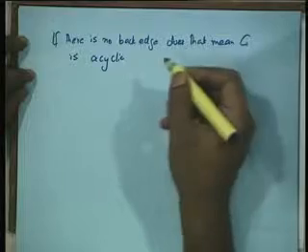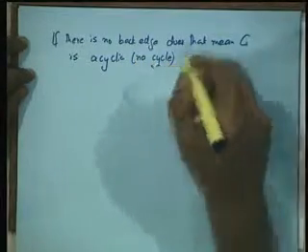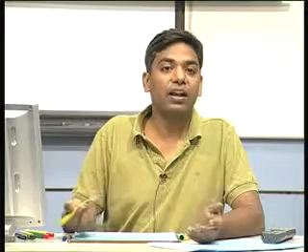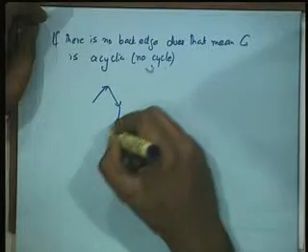What does acyclic mean? No cycle. Consider a graph which is only a cycle, then will it not have a back edge? It will have a back edge. Is that clear?